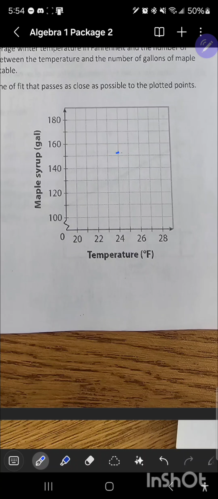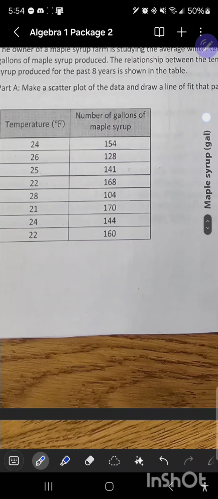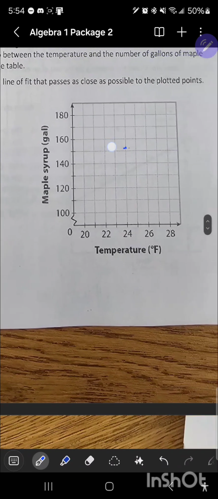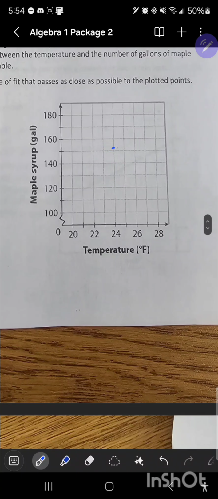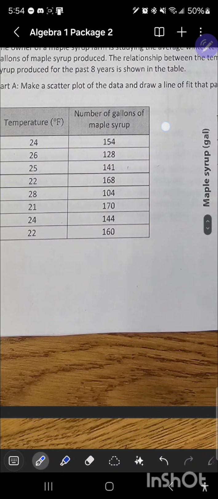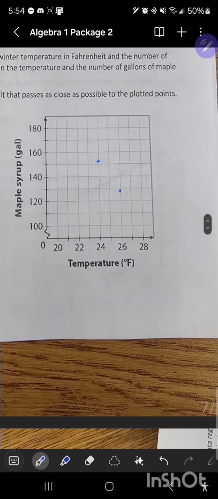Okay, right there. 24, 154, then it will be 26 with 128. So 26, 128, right there. And 25, 141. So 25, 141.